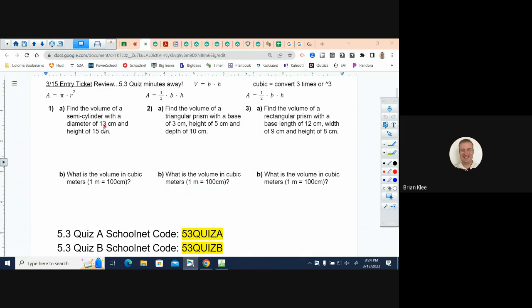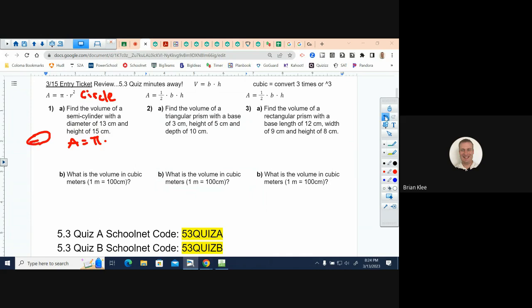A cylinder has a round base, so a circle. That's what's right here, circle formula, circle area. So our area is going to be pi times, all right, this is the diameter. The diameter is the distance all the way across.